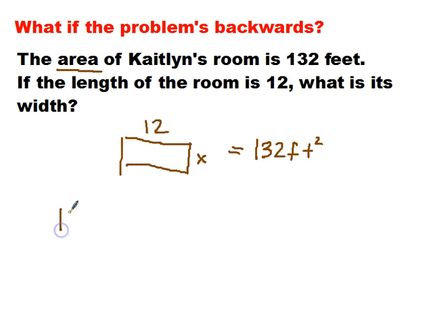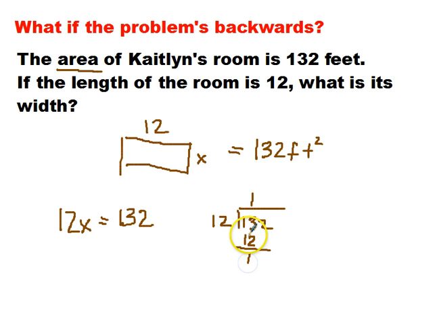So we know that 12 times some number equals 132. If I multiplied to get this piece, I've got to do the opposite function, which is divide. So I need to take 132 and divide that by 12. 12 doesn't go into 1, but it does go into 13 one time.